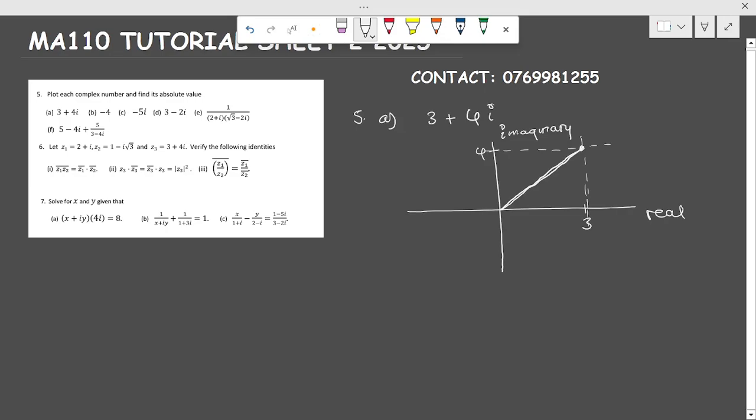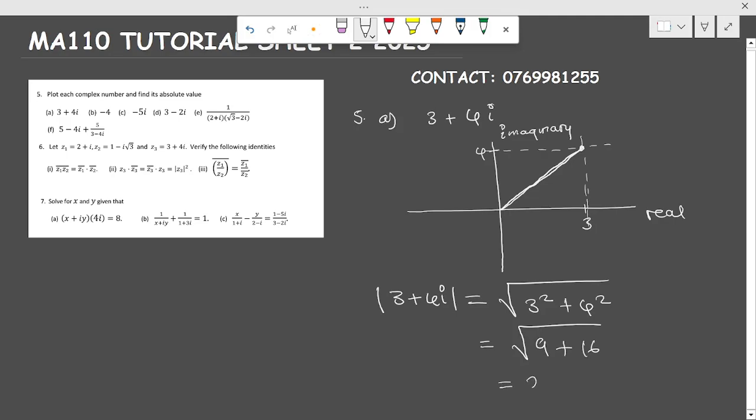Okay, so the absolute value of this will be equal to the square root of 3 squared plus 4 squared, which is equal to 9 plus 16.